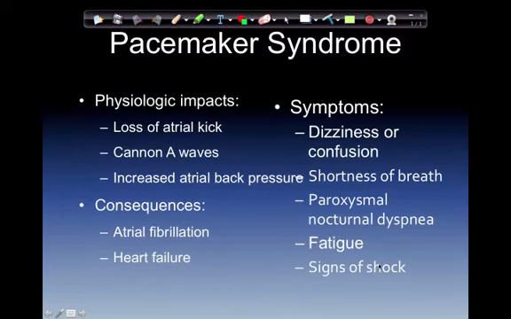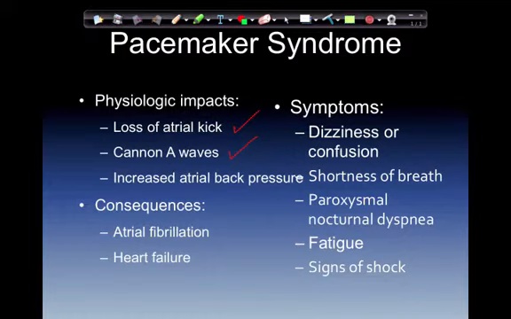Pacemaker syndromes. Physiological impacts of pacemaker. They have a loss of atrial kick, especially if they only have a ventricular pacemaker. Cannon waves, pulsations in the neck and chest. If we transcutaneously pace them, this is a ventricular pacemaker, so they're going to have this as well. Cannon waves in the neck and chest as atria contract against closed AV valves.